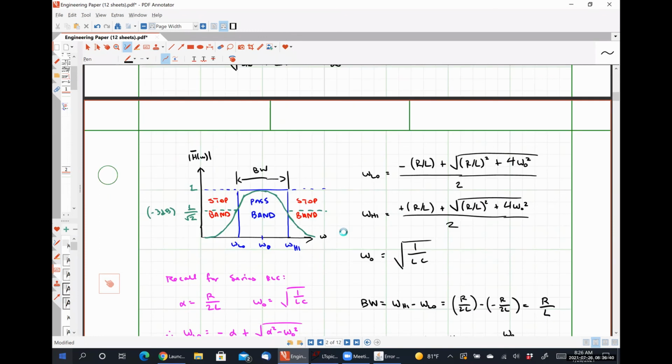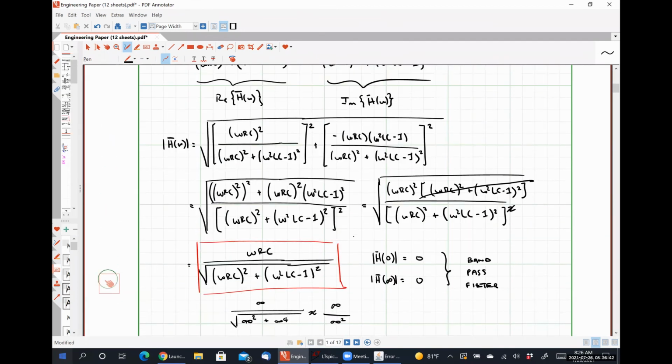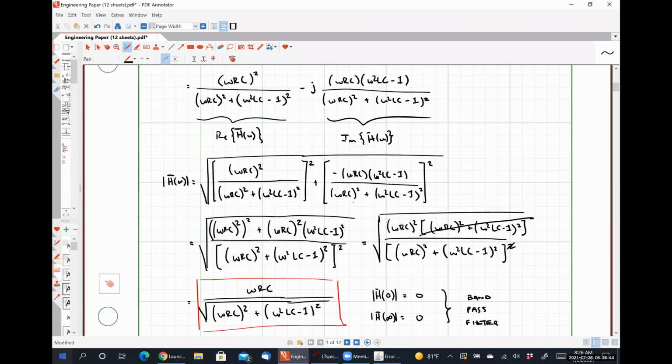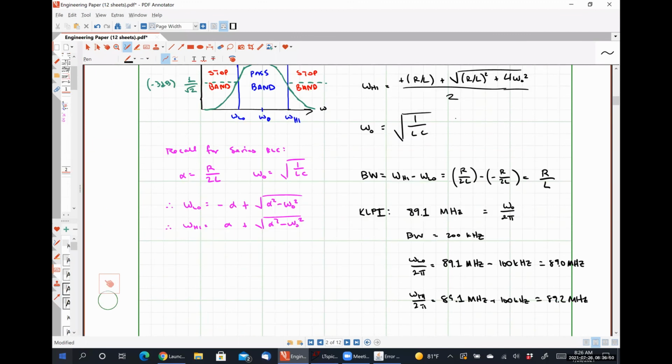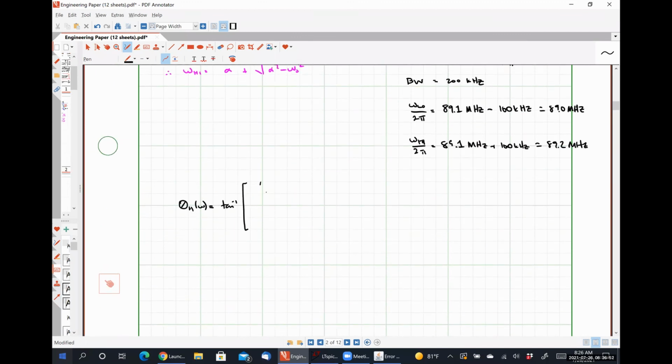So let's scroll up and figure out what that was. Omega RC times omega squared LC minus 1 divided by omega RC squared plus omega squared LC minus 1 squared.